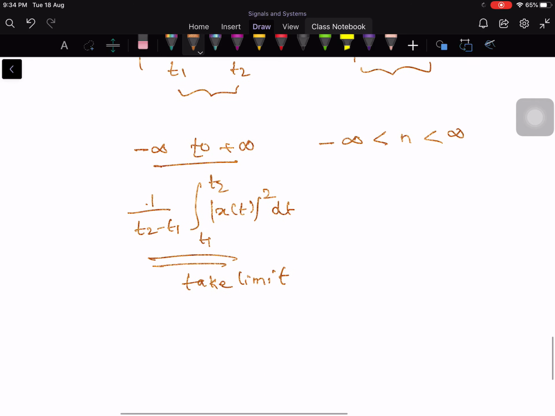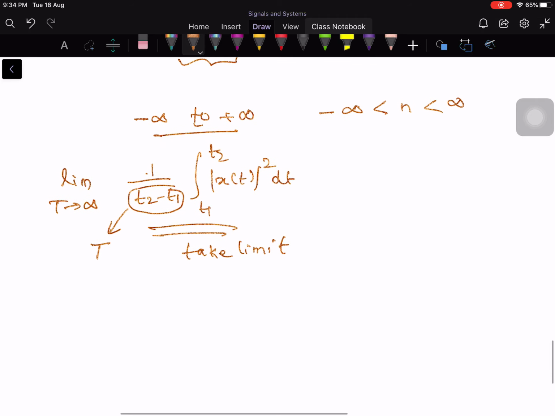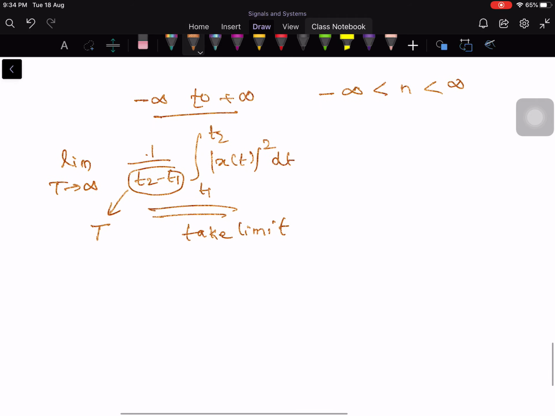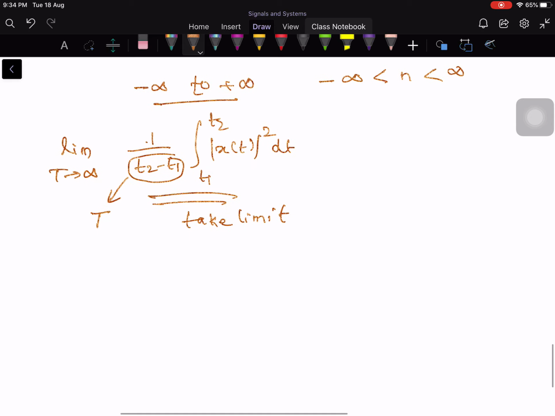Let me call this T2 minus T1 as the interval length capital T. So when T goes to infinity, then we would be able to calculate the energy over the infinite interval. This energy over the infinite interval is denoted by E suffix infinity.